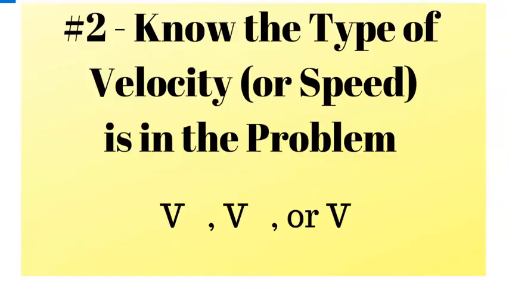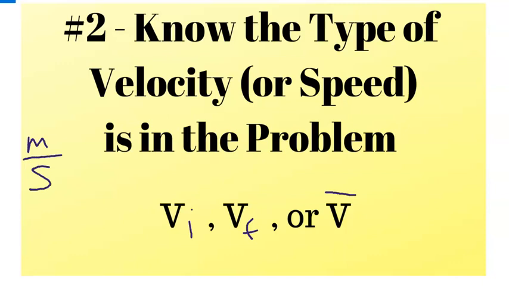There are 3 different types of velocities that show up quite early in physics. Vi, which is initial velocity, Vf, which stands for final velocity, and v with a bar over it, which stands for average velocity. They're all velocities, or speeds for that matter. They all have the units meters over seconds, but they are different.